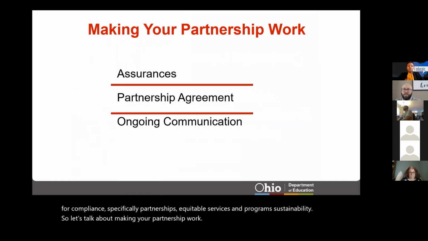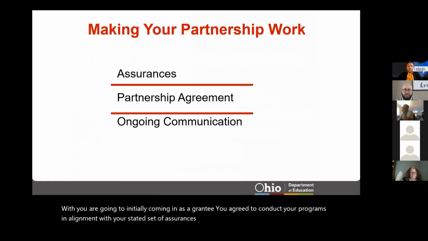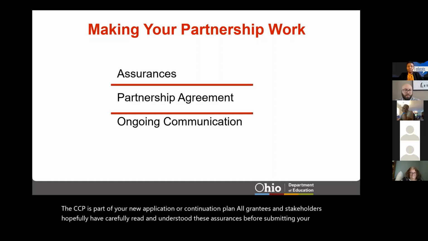Initially coming in as a grantee, you agree to conduct your programs in alignment with your stated set of assurances, which includes your signed partnership agreement with your identified primary partner, which should be signed and uploaded within the CCIP as part of your new application or continuation plan. All grantees and stakeholders hopefully have carefully read and understood these assurances before submitting your applications or continuation plans.